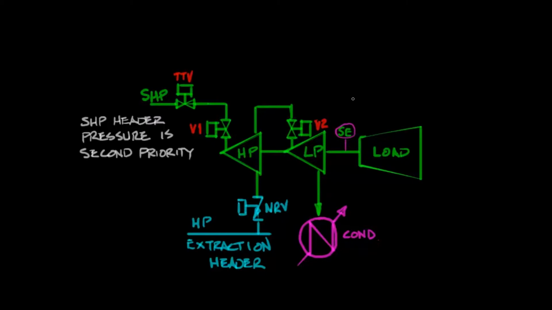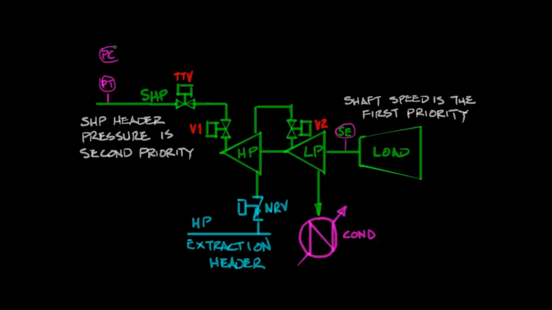So we're going to manage speed, so we need to measure the speed, usually with mag pickups, and that's the highest or first priority. The inlet steam header pressure is the secondary priority. So as long as there's no limits, we'll control both of those parameters. If we run into any kind of limits, then we sacrifice the inlet header pressure and only control the speed.